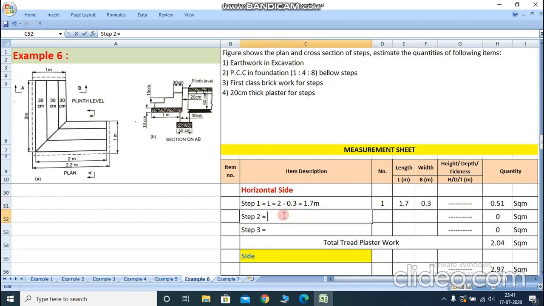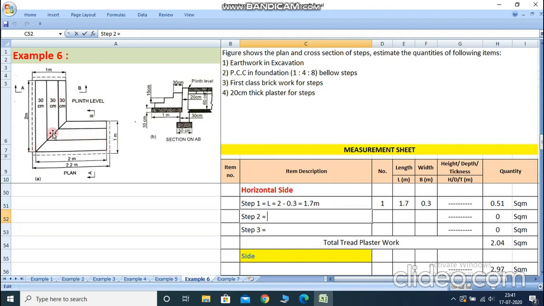Now we calculate for step 2. We calculate only this part, because this square portion's tread plaster work is calculated in the vertical side.